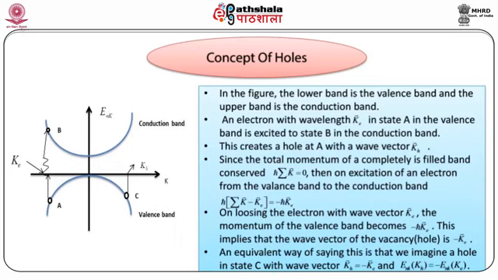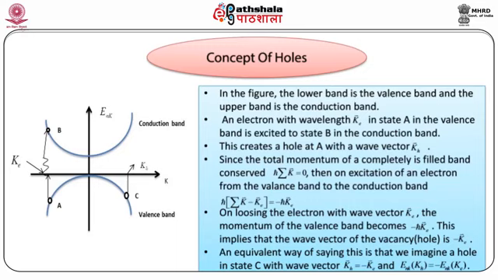As you can see from here, we have a valence band and we have a conduction band. The valence band lies below the x-axis and the conduction band lies above the x-axis. This is a plot of E versus the k vector. The lower band is the valence band and the upper band is the conduction band.